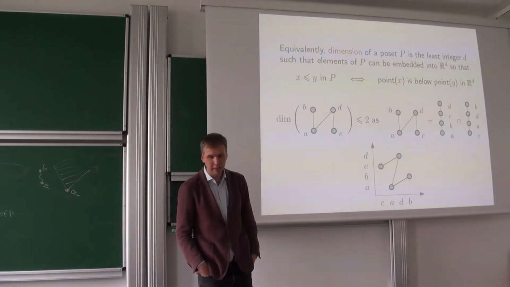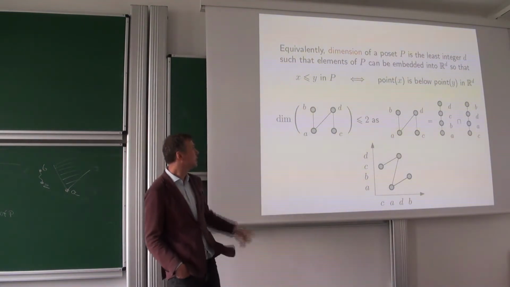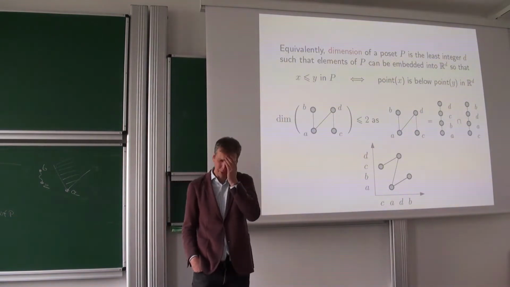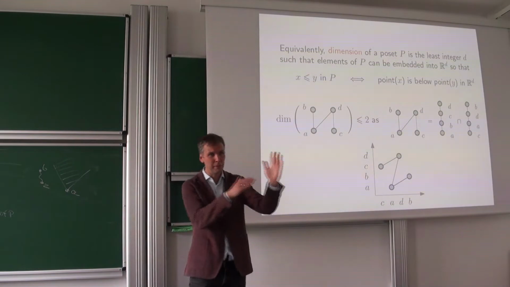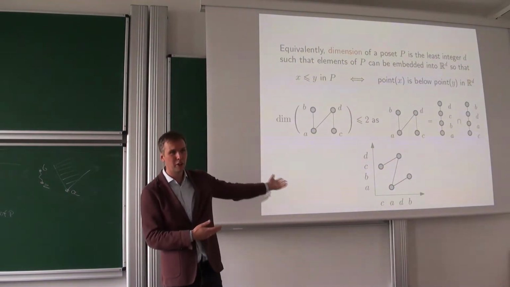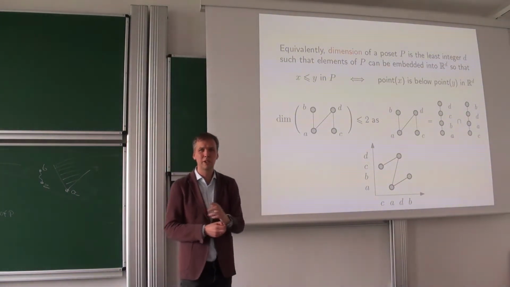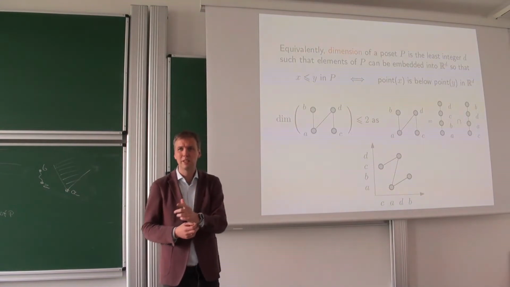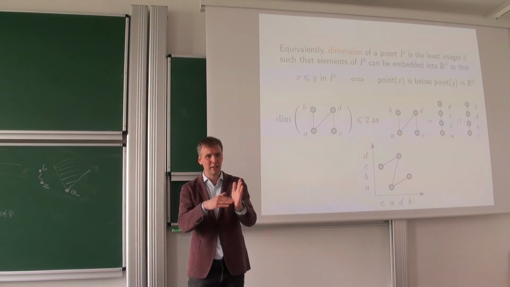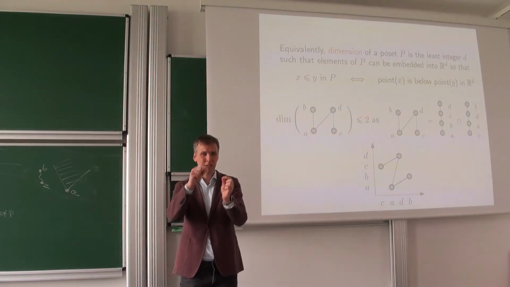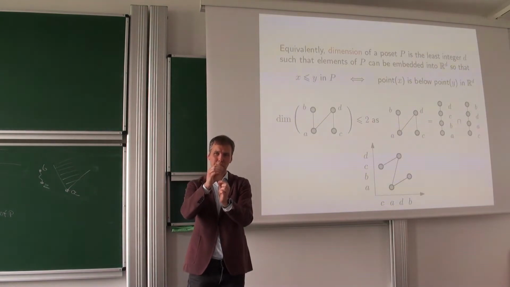So I say it's equivalent. It's pretty obvious that given a realizer of size d, you can embed it into R to the d. This is the argument. The other direction needs slightly more to say, because if you have an embedding, it can happen that some elements have the same value on some coordinate.